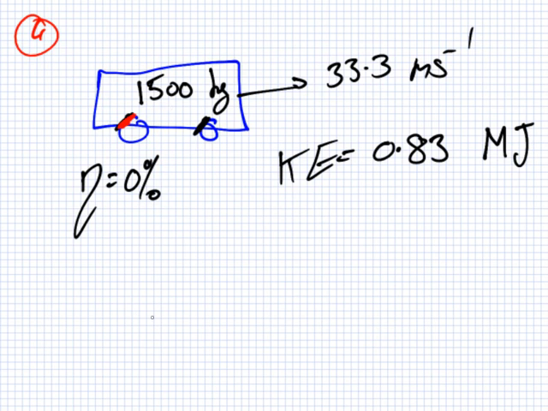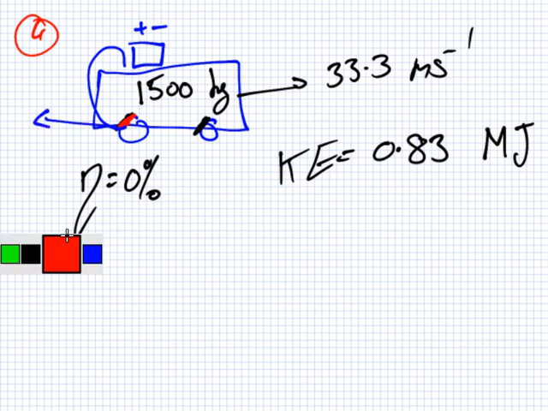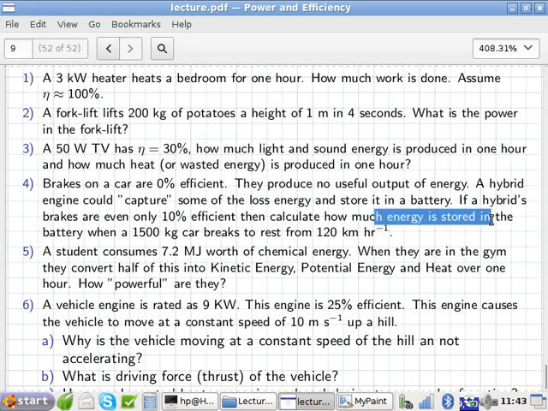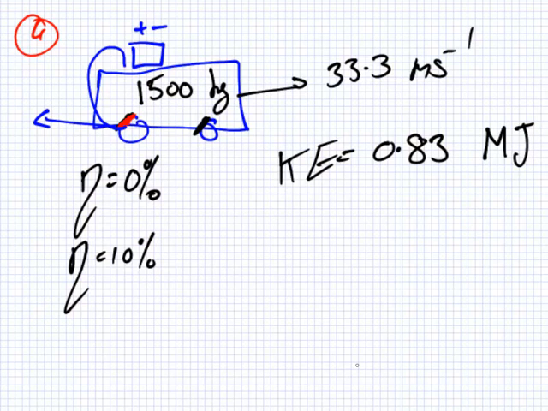So when you put your foot down and stop, some of the energy goes into a battery, and some of the energy is wasted as heat. So I said, okay, if the efficiency is 10%, how much energy can be stored? 10%. Yeah.